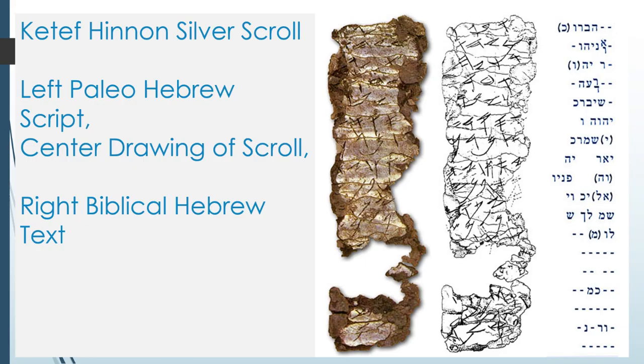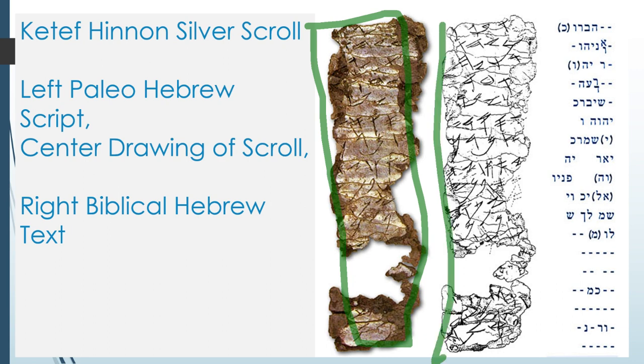This is the Ketef Hinnom silver scroll. So this is some silver that was found, very small, and it has Paleo-Hebrew script on it. Now, this picture is interesting because you've got a photograph here of the actual artifact. Okay? And here you've got a drawing of the artifact in the center.